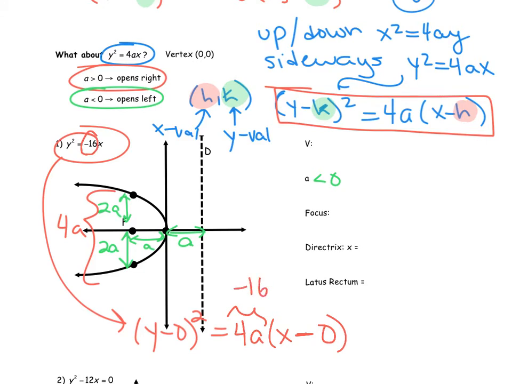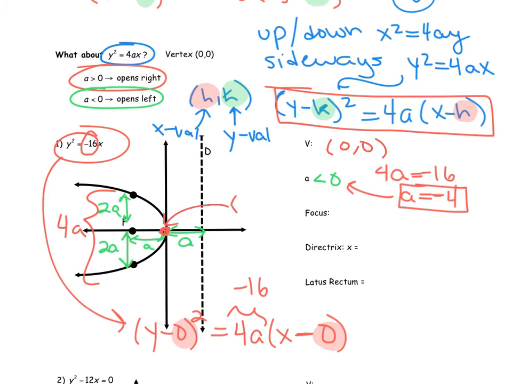So if 4a equals negative 16, I know a equals negative 4, which is good because we said a had to be less than 0 anyway, so that's checked off. We know the vertex is at 0, 0.